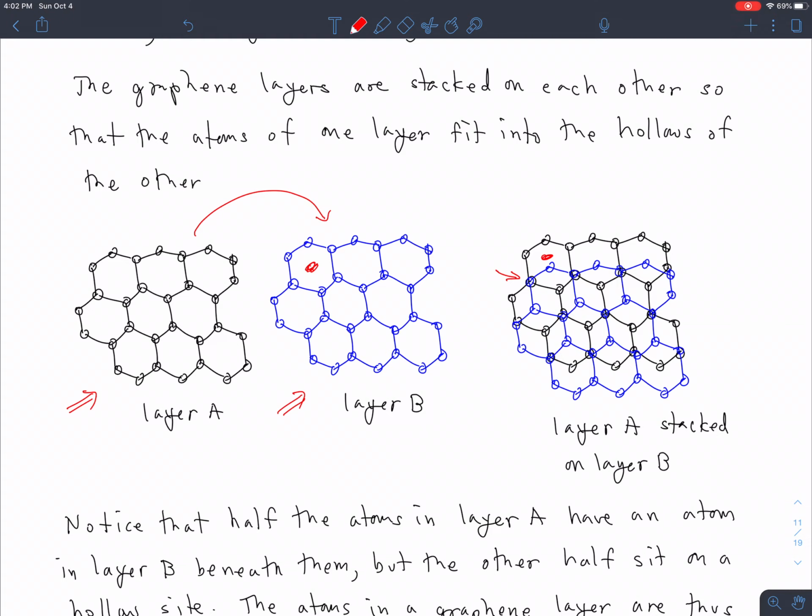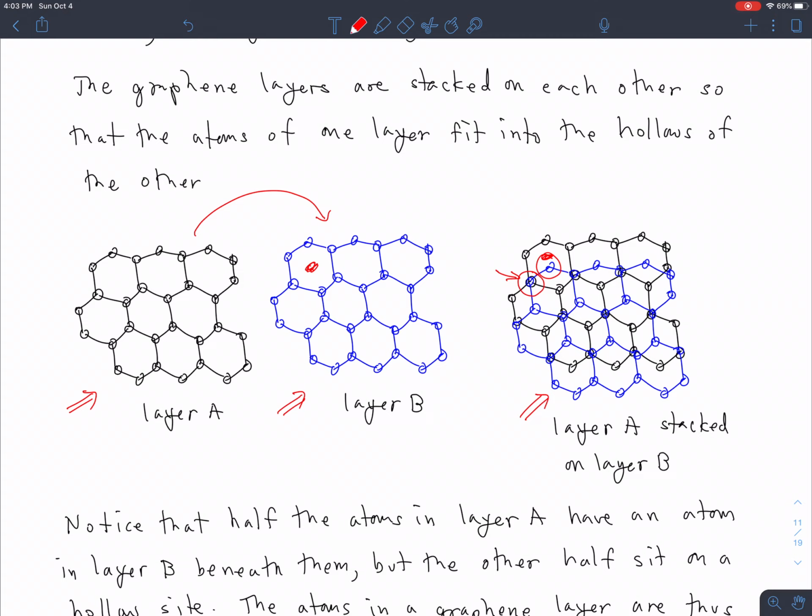And what that means is that in this upper layer, layer A here, which is all the STM sees, right? The STM can't see the lower layers. So the STM sees two different kinds of atoms. It sees atoms that have another atom below them, and it also sees atoms that don't have another atom below them, that have a hollow spot below them.